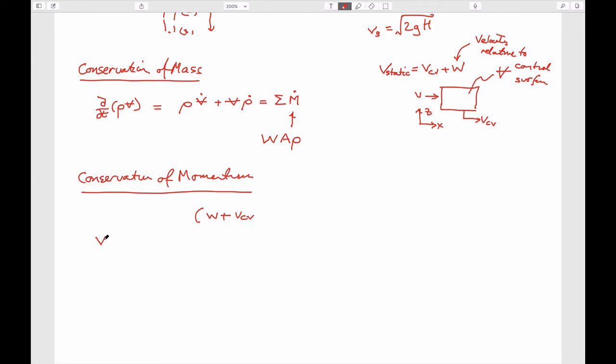And we always used a rigid system, so the velocity of the control volume was always equal to the velocity of the control surface. In other words, a rigid box that's moving, not a balloon that's inflating at the same time it's moving, multiplied by mass flow rate, is equal to the sum of the forces.